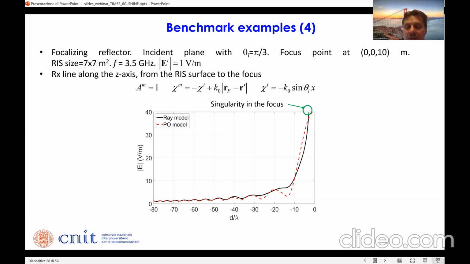This will be done in future works, as well as possible improvements of the proposed ray model, including vertex diffraction, singularities in the caustics, and extension of the model to the transmissive half space. At the moment, the proposed model only covers reflective intelligent surfaces, but it will be extended in the future to transmissive intelligent surfaces.